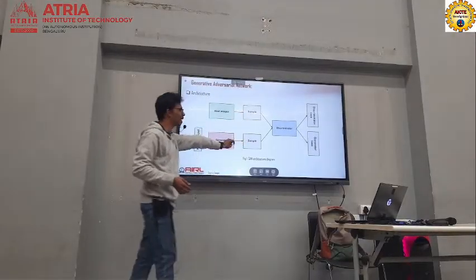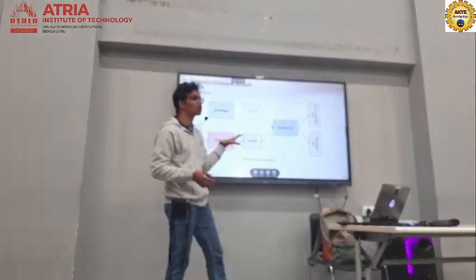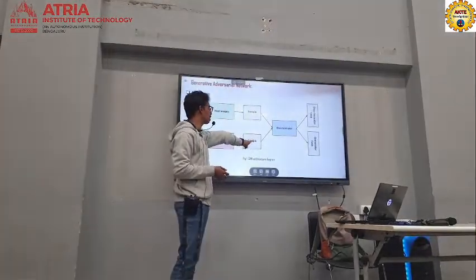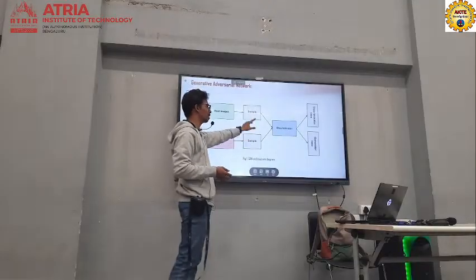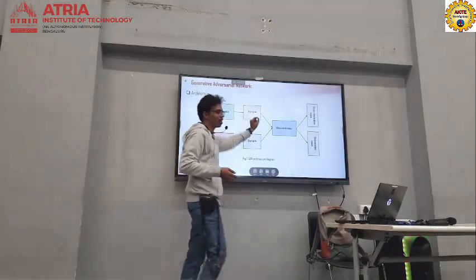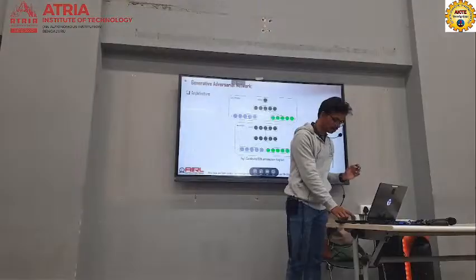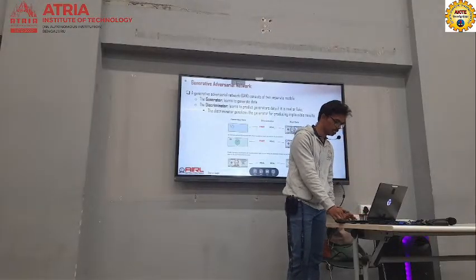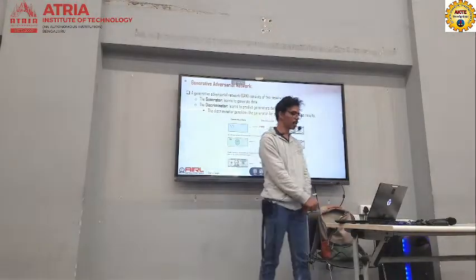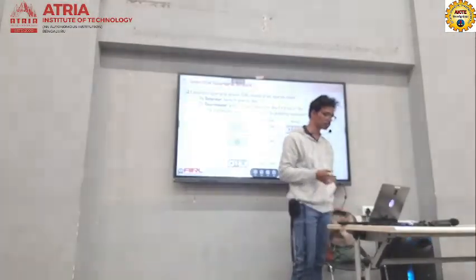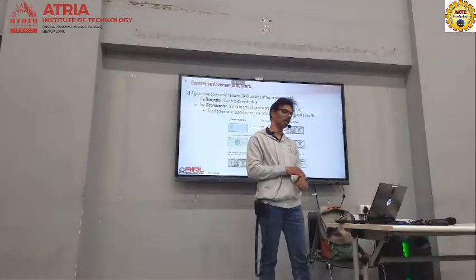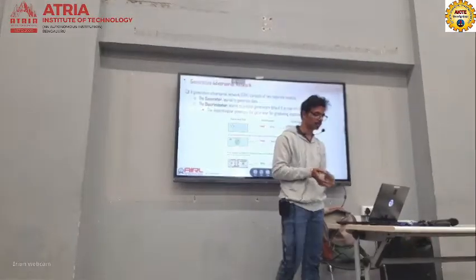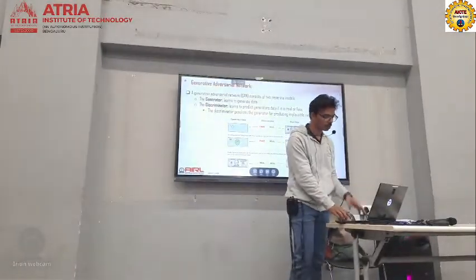This generative probability distribution is P of X, P theta, right? That is the main goal. So this is a classic example: the generator learns to generate the data, and the discriminator learns to predict if the generator's data is real or fake. And the discriminator penalizes the generator for producing implausible results.